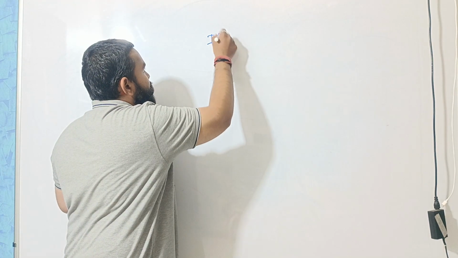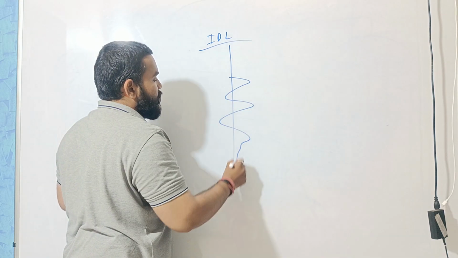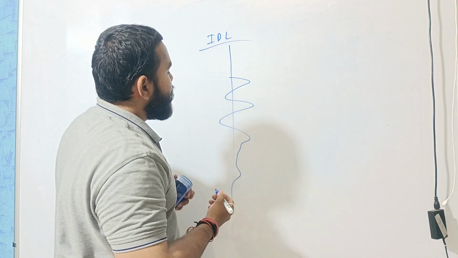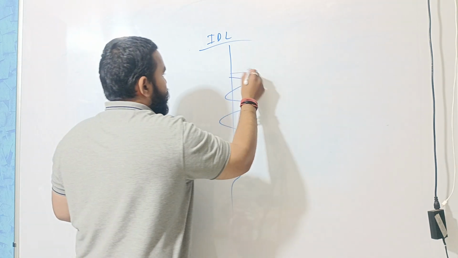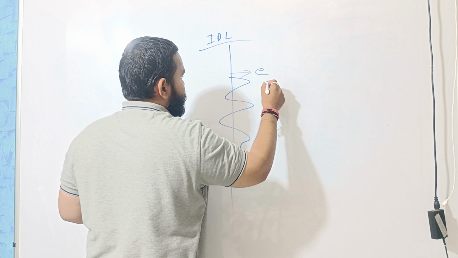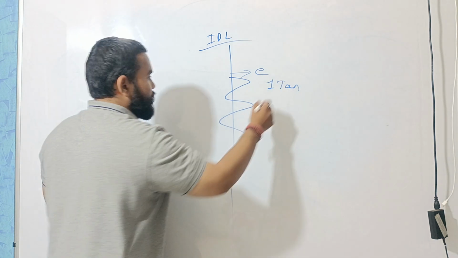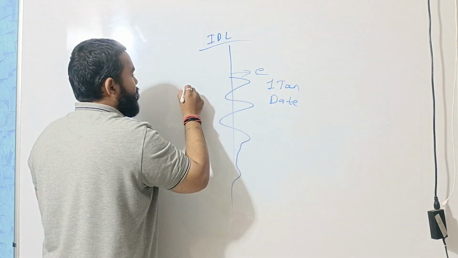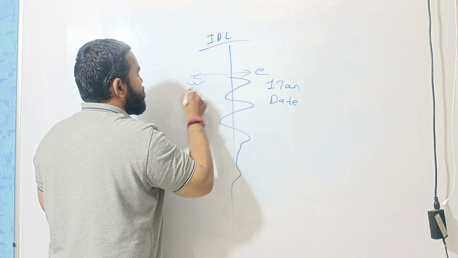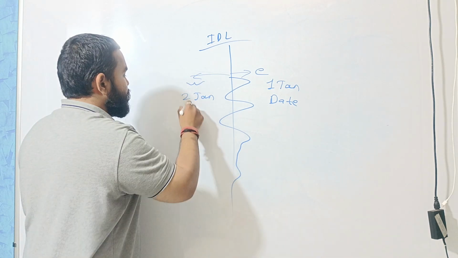It is a very zigzag line; I'm not drawing it as it is shown in the book. If you go eastward, there is a decrement in the date, and if you go westward, there is an increment in the date.